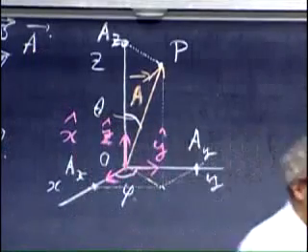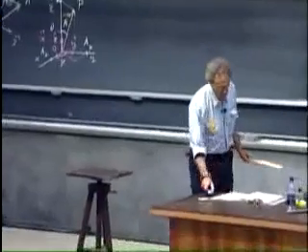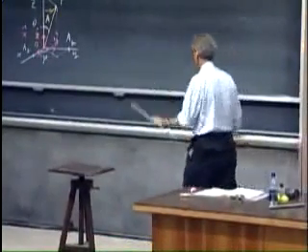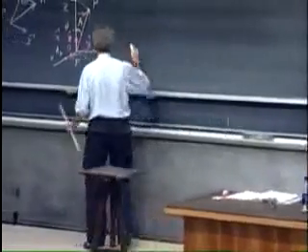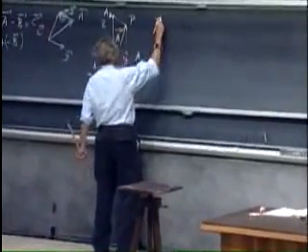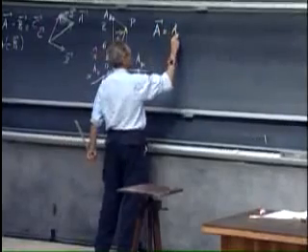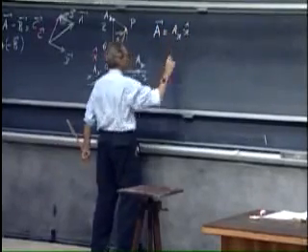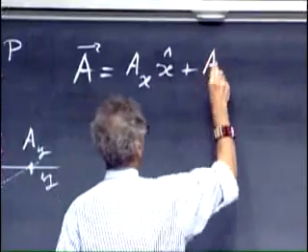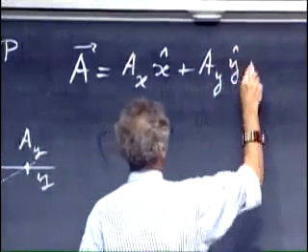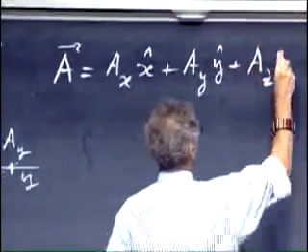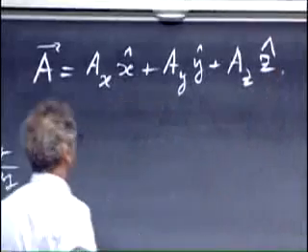And now I'm going to rewrite vector A in terms of the three components that we have here. So the vector A, I'm going to write as A of x times x roof plus A of y times y roof plus A of z times z roof.